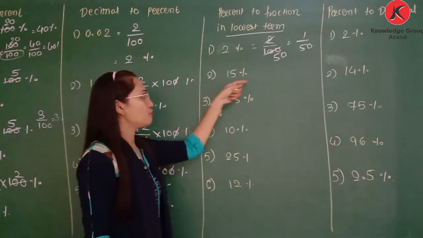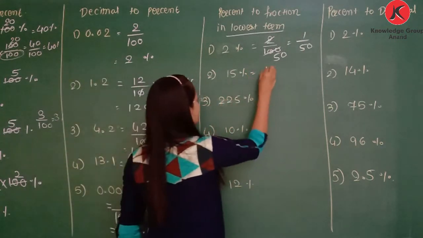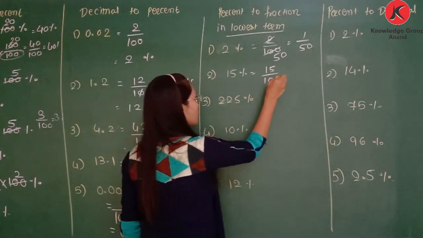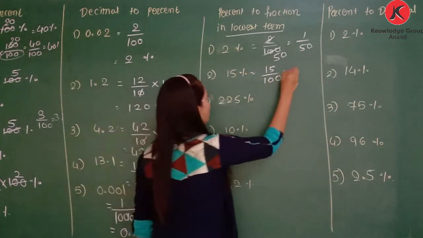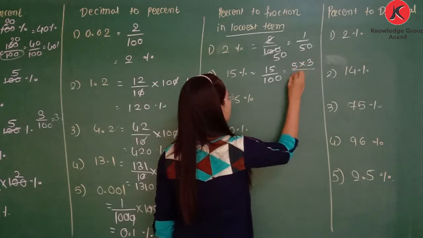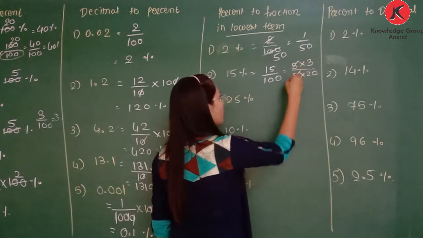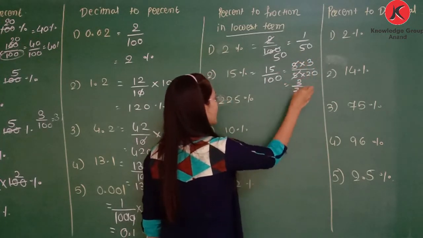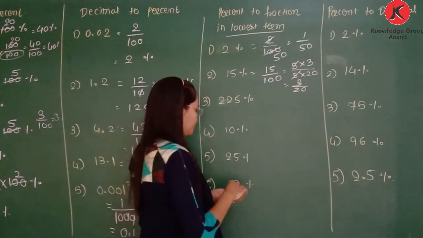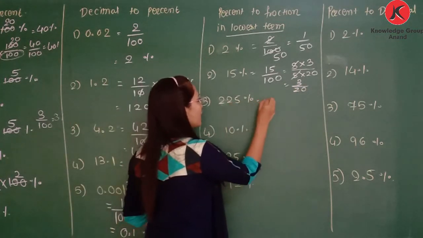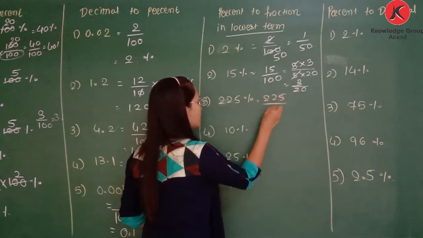Now next, 15%, so we can write it as 15 by 100. Percentage means denominator 100. Now if we have a common factor, then we can cut it. 5 cancels, so it is 3 by 20 as a fraction. Next one, 225%, so it is 225 by 100.